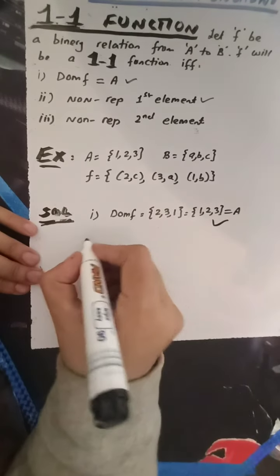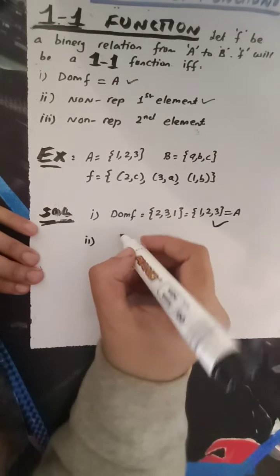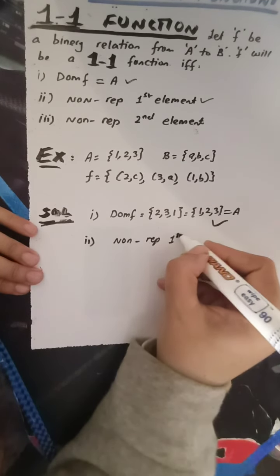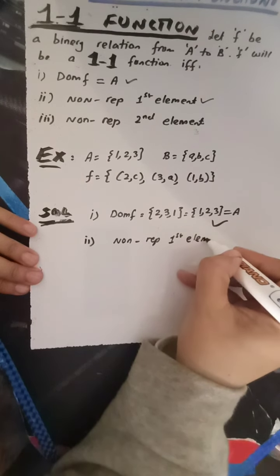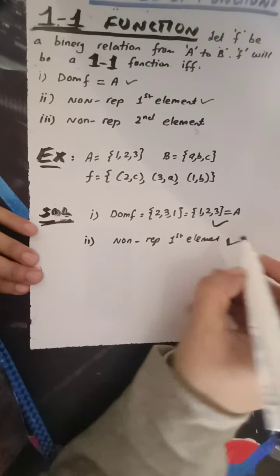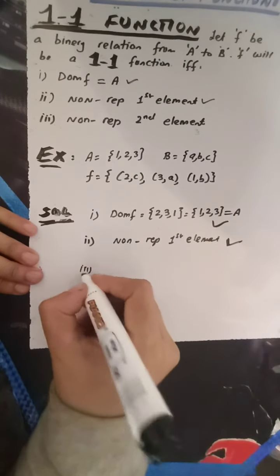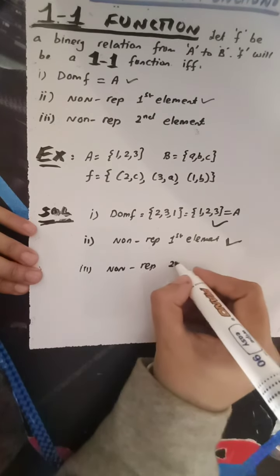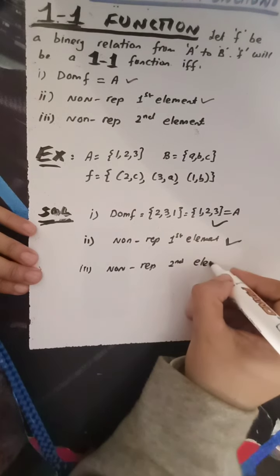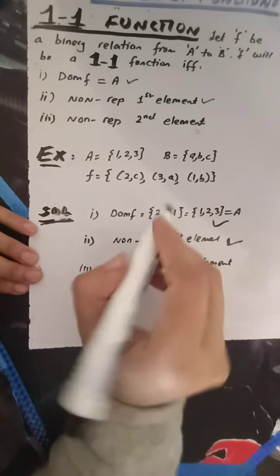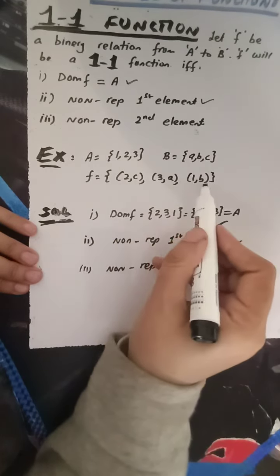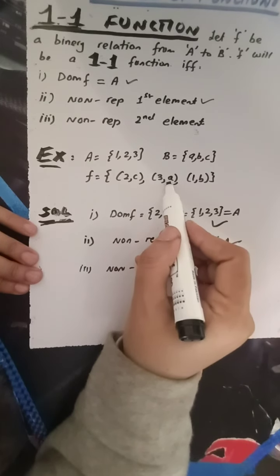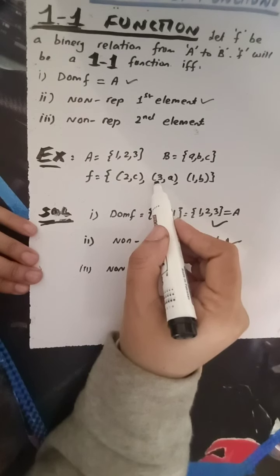The first condition is satisfied. The second condition is that you have non-repeating first element. As you may see, the first element is not repeating, so the second condition is also satisfied. And the third condition is that you should have non-repeating second element also. As you may see, c is not repeated again, a is not repeated, b is not repeated. For a you have a unique element of x, 3 over here.